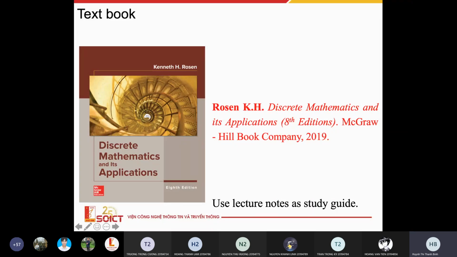For the first chapter and the second chapter, I think we can go faster because I think you already studied them in high school or the first year. So this book will be used for this course.